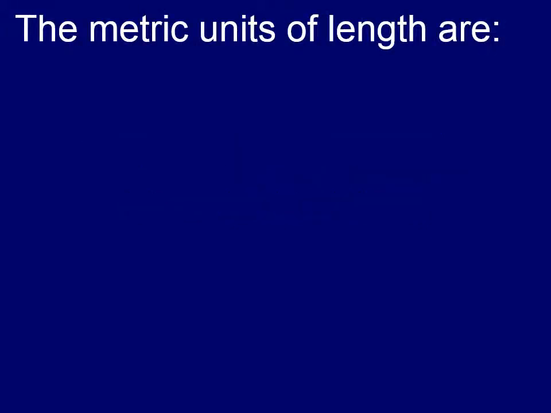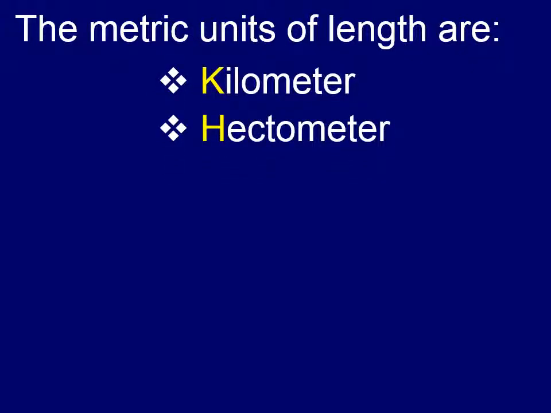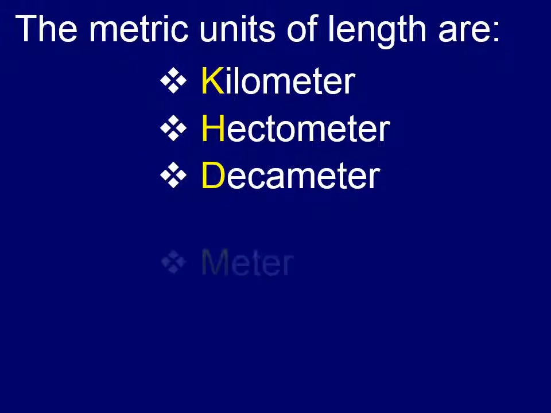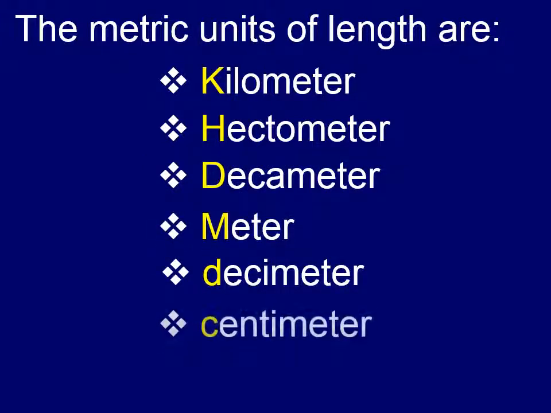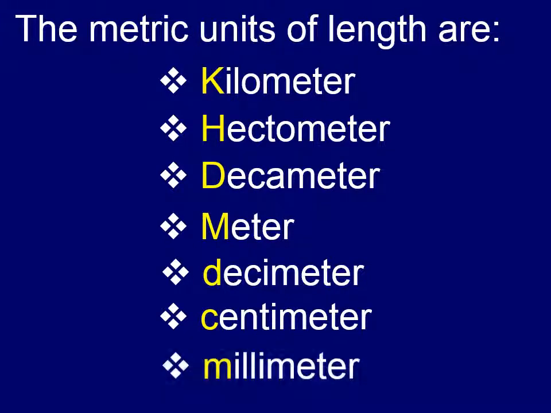Now, the metric units of measure of length are the kilometer, the hectometer, the decameter, the meter, the decimeter, the centimeter, and the millimeter. Now, we commonly remember this by saying King Henry doesn't usually drink chocolate and milk.